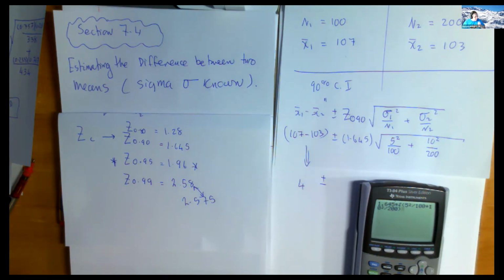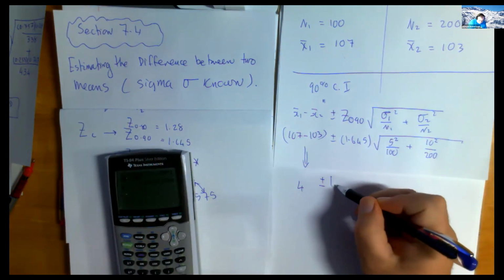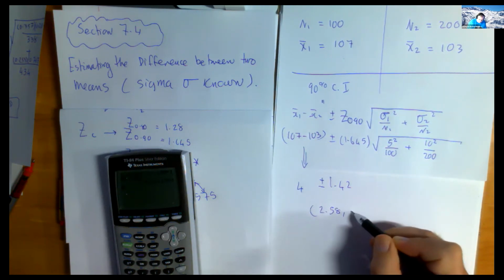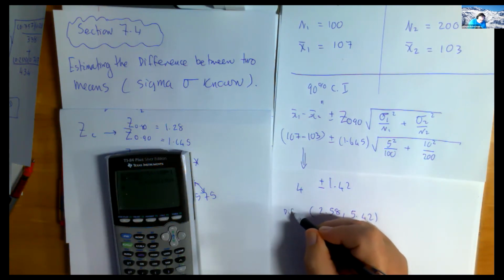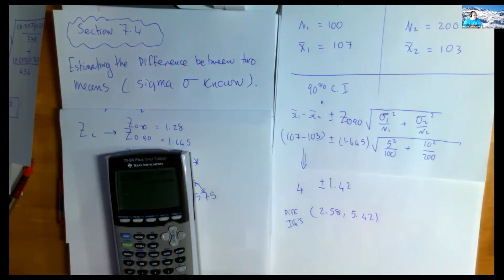I don't need brackets within brackets, which sometimes you do when the question gets really messy. Are we cool with that particular combination? So when I hit enter, I get, give or take, 1.42. So 2.58 all the way up to 5.42. So the difference in IQs between Scots and Americans is about 2.5 up to about 5.5.